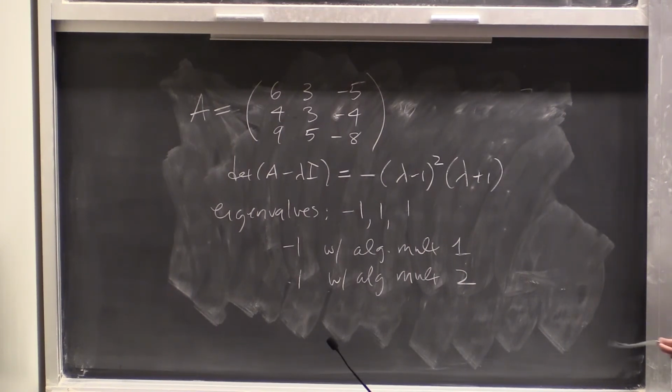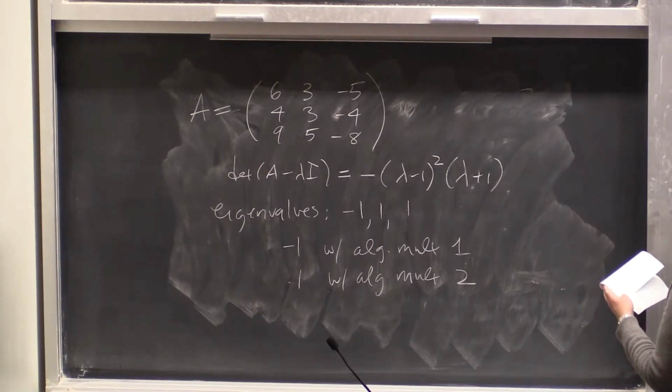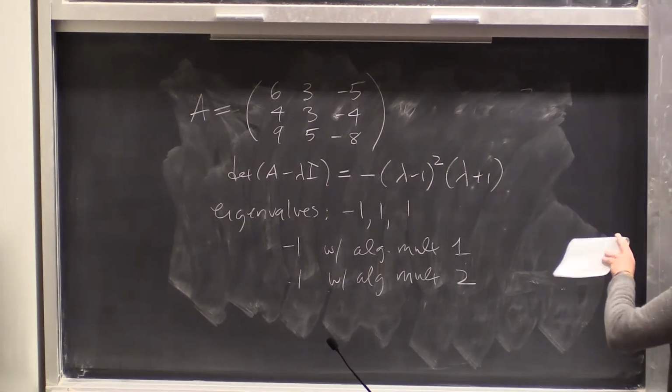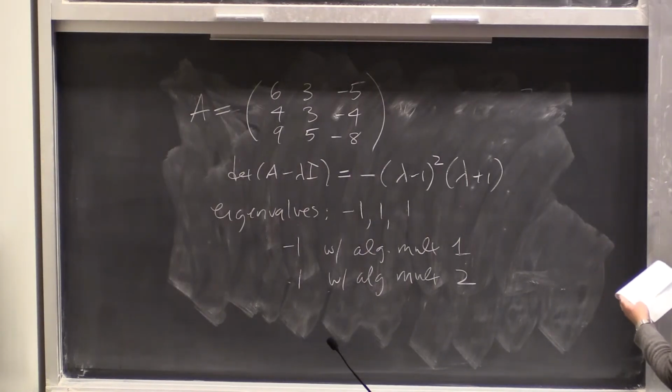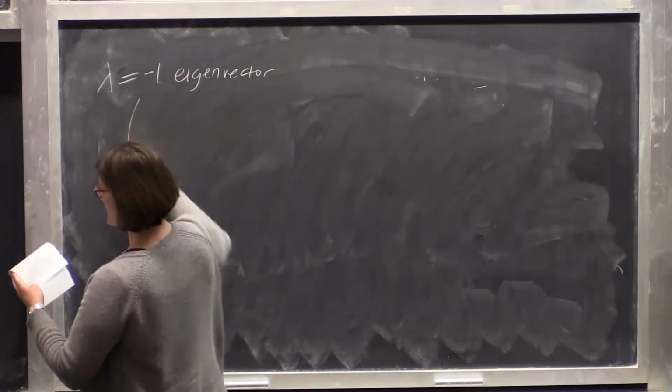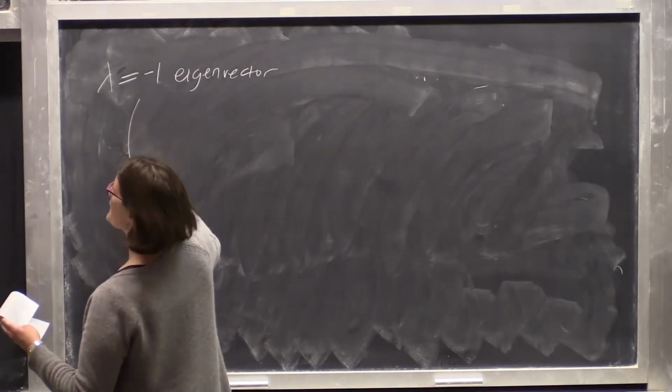When I look for the eigenvectors, when I look for the lambda equals minus 1 eigenvector, I start by adding 1 to the diagonal.